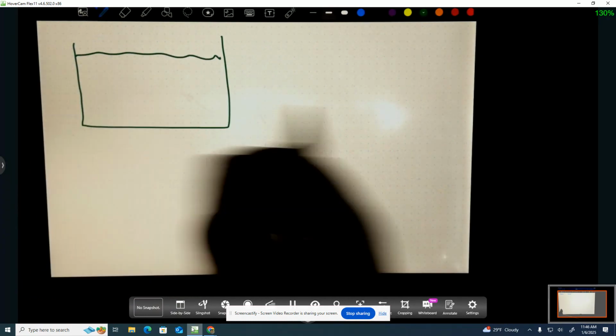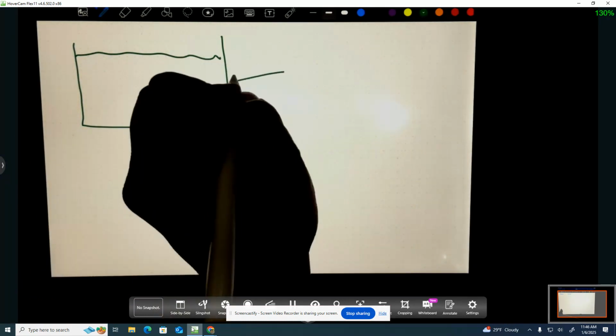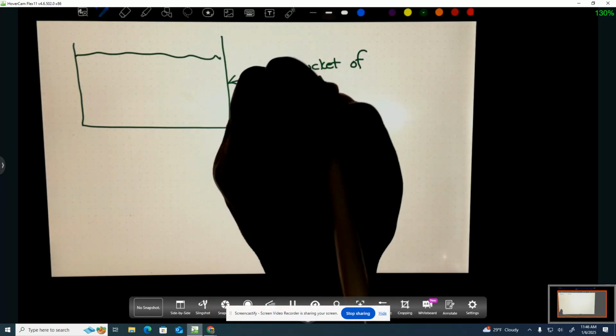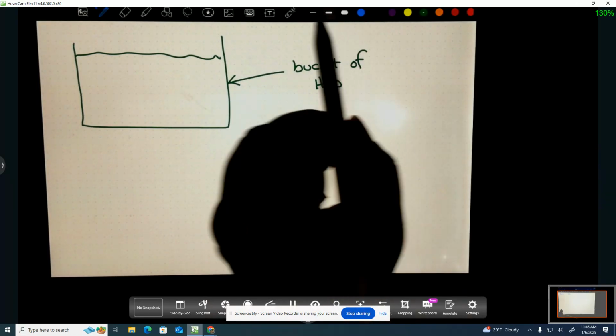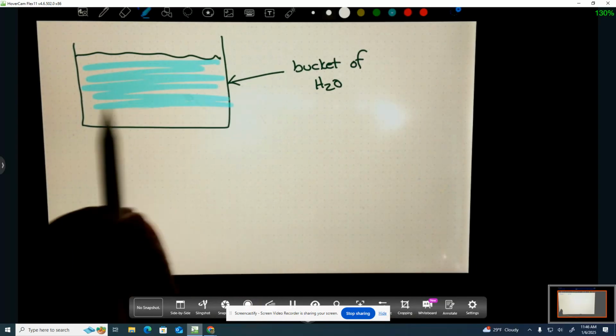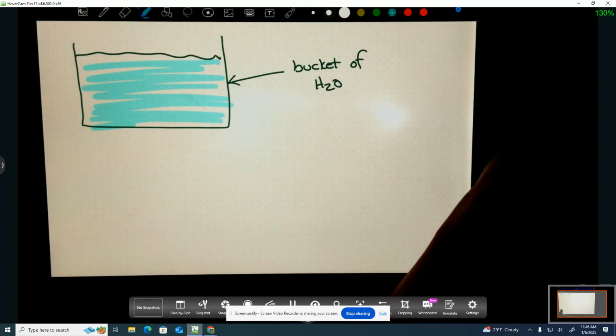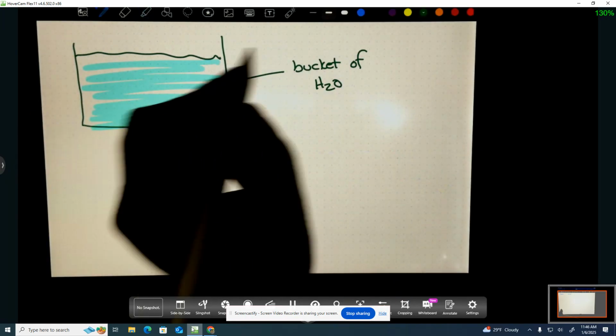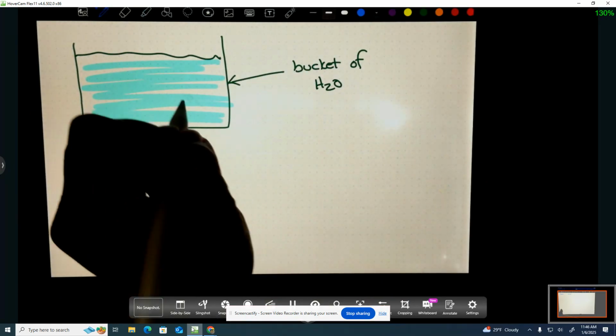So let's say I have a bucket of water. This is a bucket of water. Here's blue. How much water is in that bucket? Give me a number. 100 grams. No, give me a better number. I don't like 100 grams. 1,000 grams. All right, let's do 100 grams.